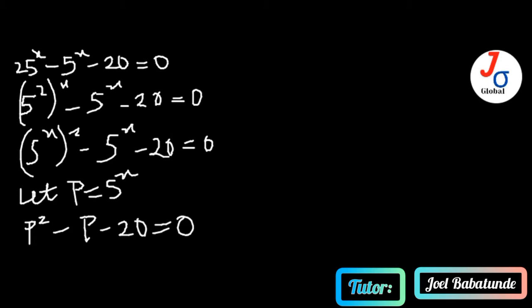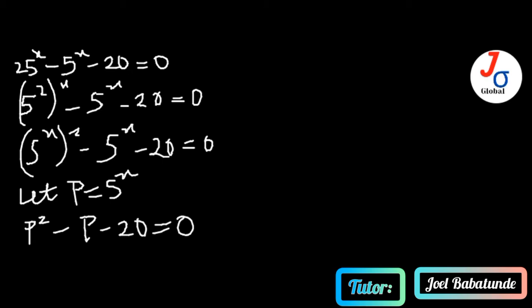So then we have to find the value of p. How to find the value of p? This is a quadratic equation, so you could solve by factorization method, minus 20 multiplied by that. Okay, you know what?